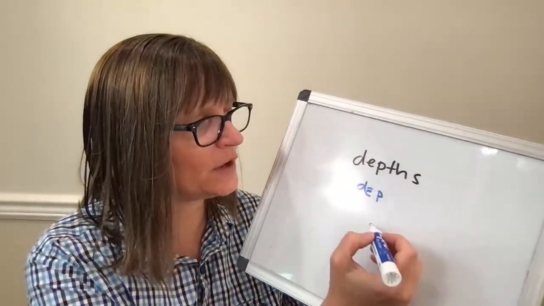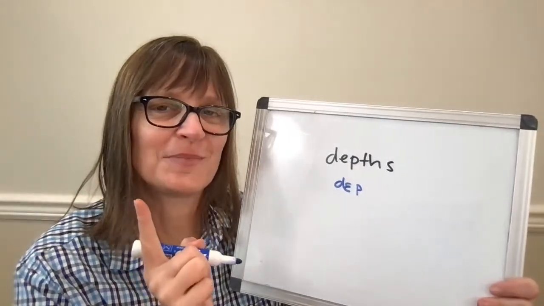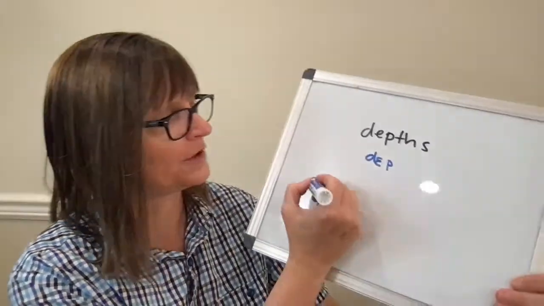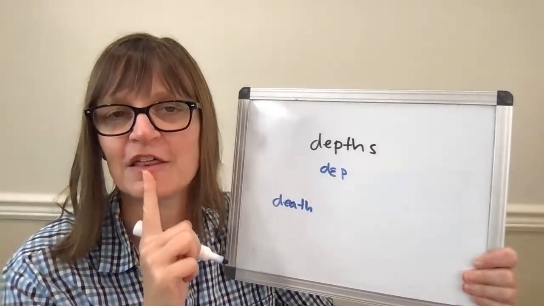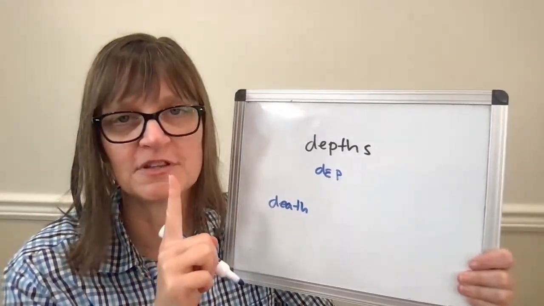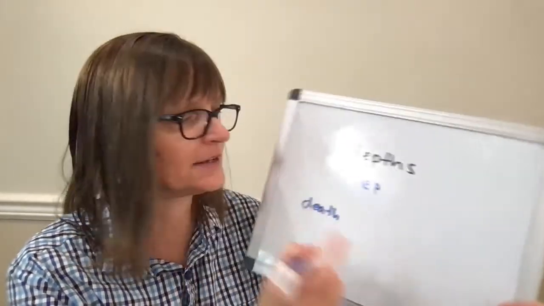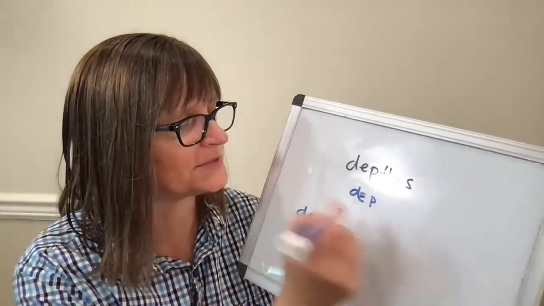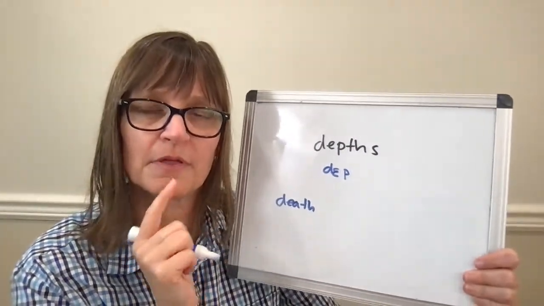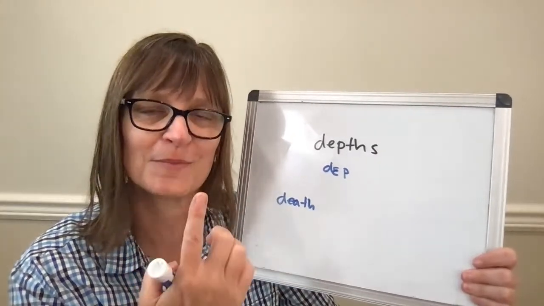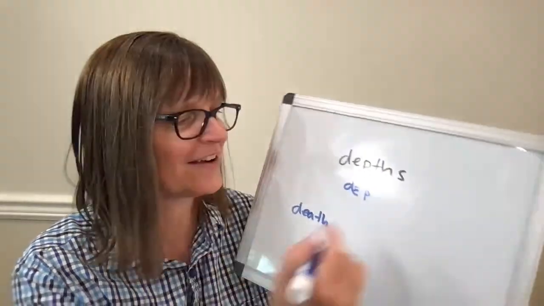It almost sounds like the P is not really there. On this one you can't get away with not saying the P, because we also have the word deaths, and death, where I go right from the vowel to the TH. And so it's not going to sound like depths unless I stop the air with my lips. So try dep and then depth. You can actually just try the PTH combo with letting a little air out.